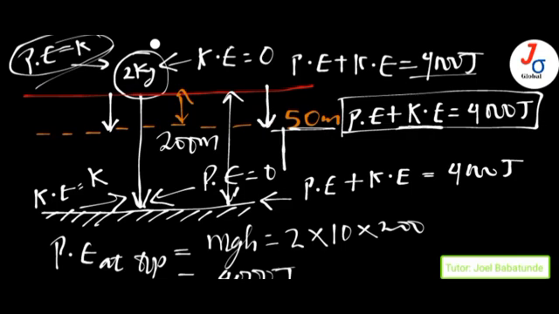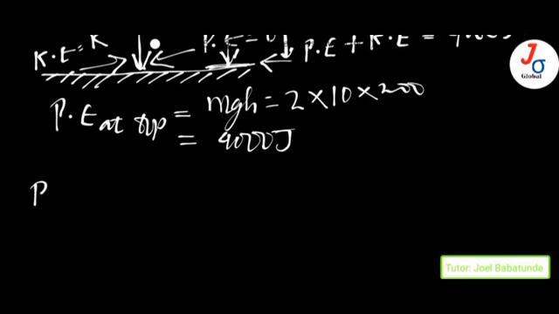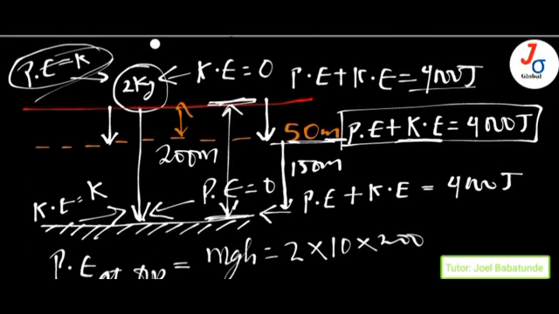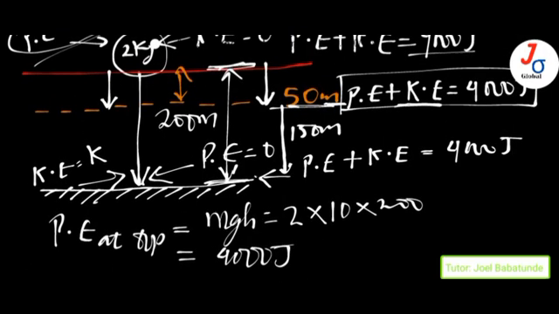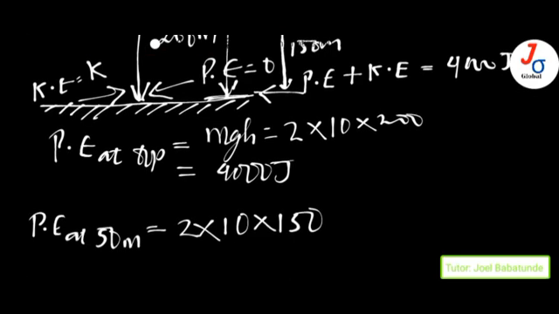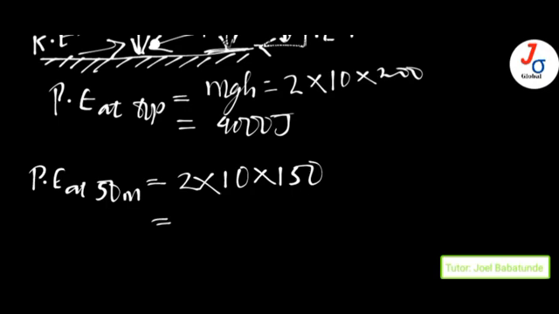Since from the top to the bottom is 200, if it falls 50 meters, we are left with 150 meters. So the height used to calculate the potential energy here is 150. The potential energy is m, the mass of this body, 2 kg, multiplied by acceleration due to gravity, multiplied by the height, 150 meters, from the ground level to where this body is. That equals 3000 joules.